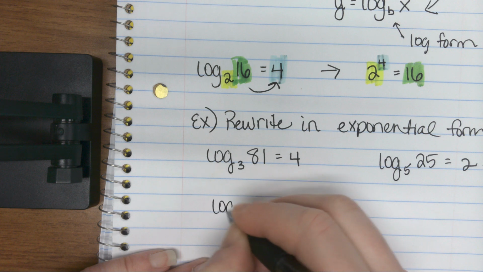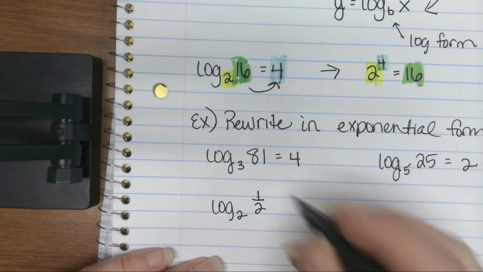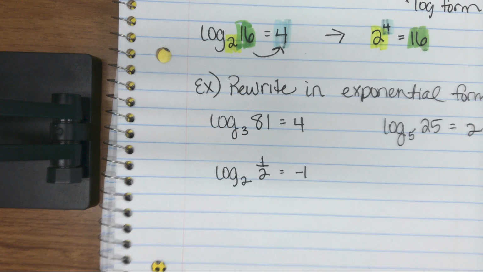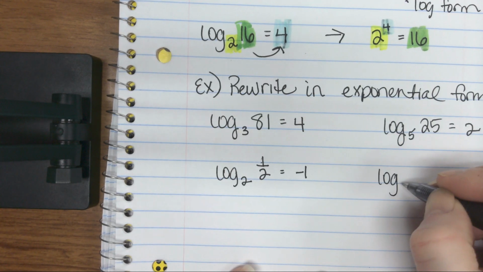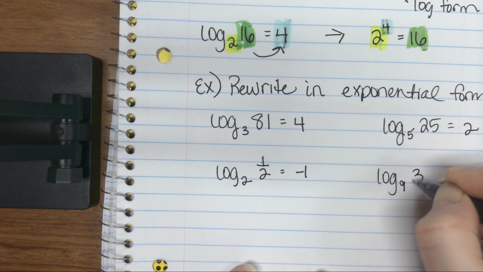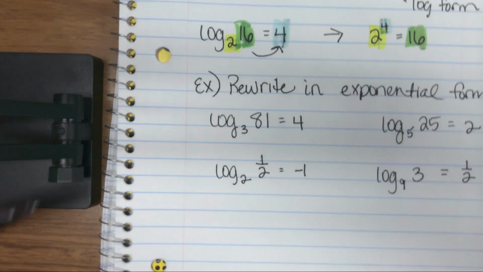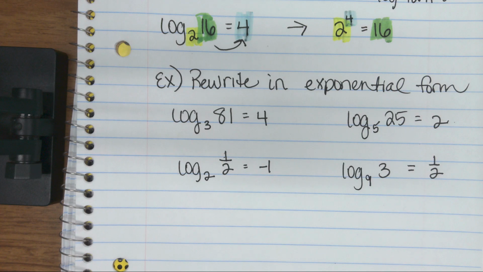Log base 2 of 1/2 equals -1. And the log base 9 of 3 equals 1/2. All right.